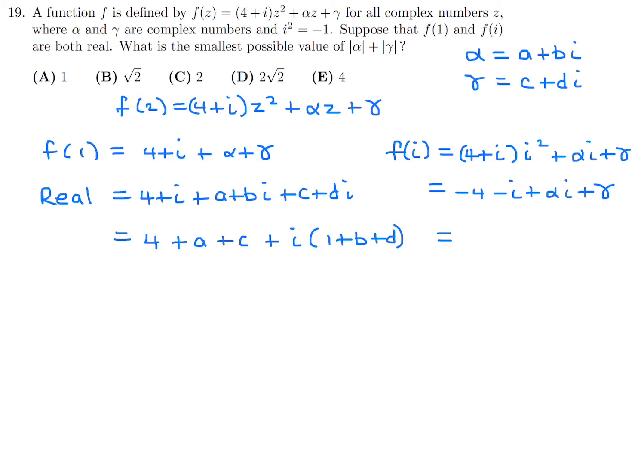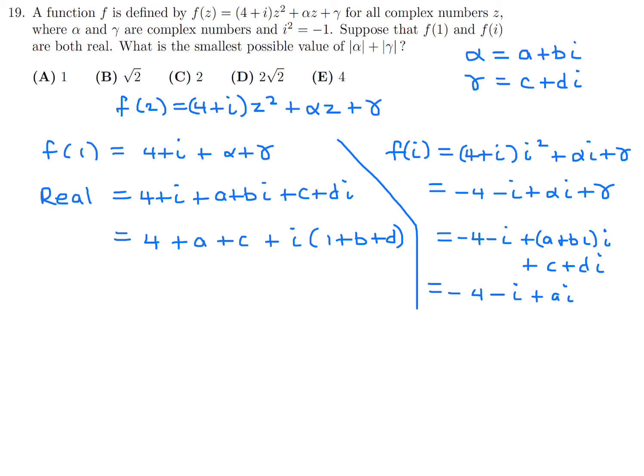And then exact same way over here. We've got -4 minus i, and then alpha, which is a plus bi, times i, plus gamma, which is c plus di. In a very similar way, let's expand this out and collect like terms.